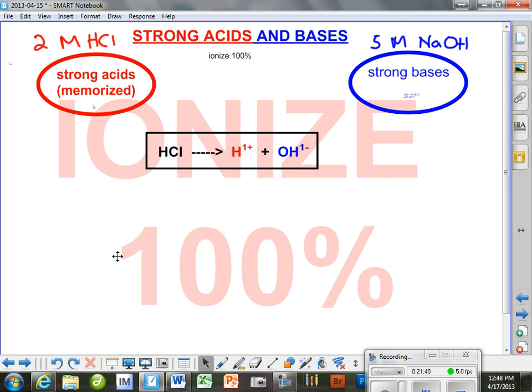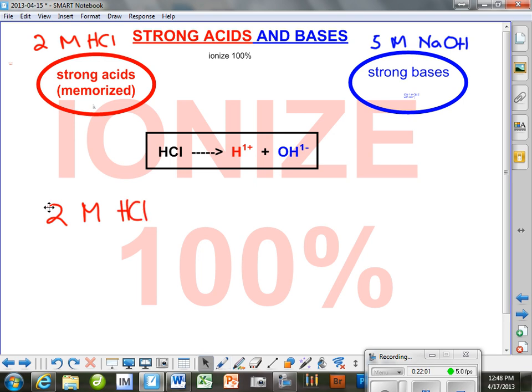Okay, so let's do one. We've got a 2 molar hydrochloric acid, right? Let's just rewrite. 2 molar HCl.